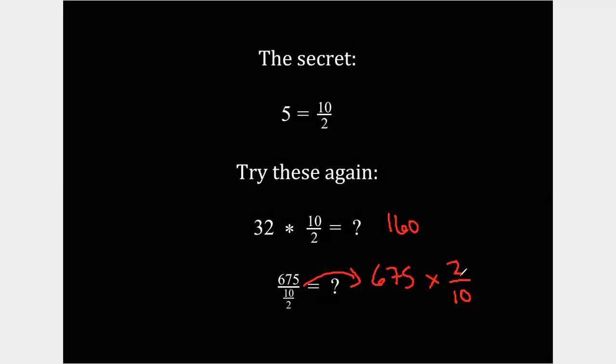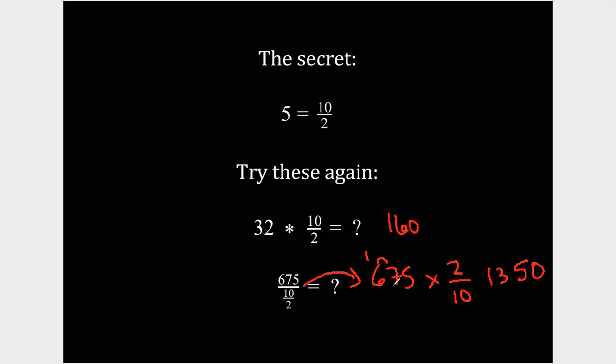But 675 multiplied by 2, while not everyone may be able to do this in their head, I know that 75 times 2 is 150. So my last 2 numbers are going to be 50, and the 1 gets carried over. 2 times 6 is 12, plus 1 is 13.